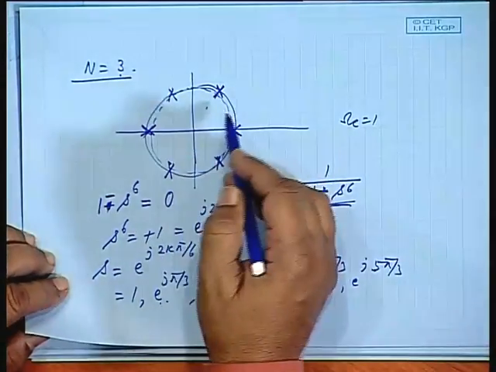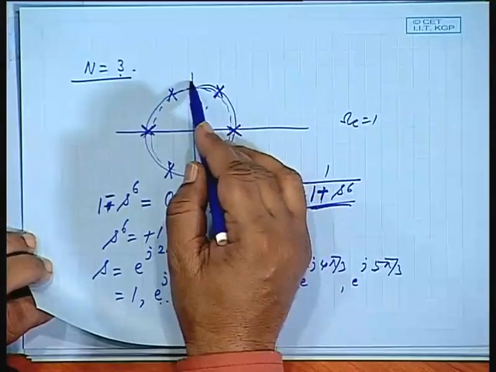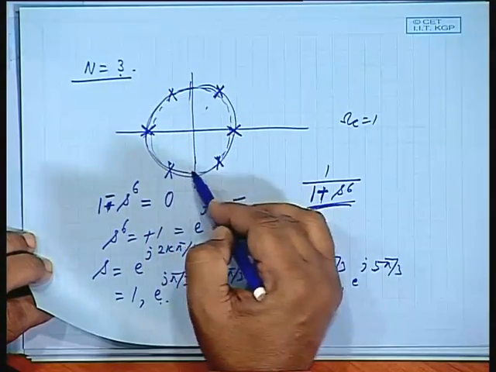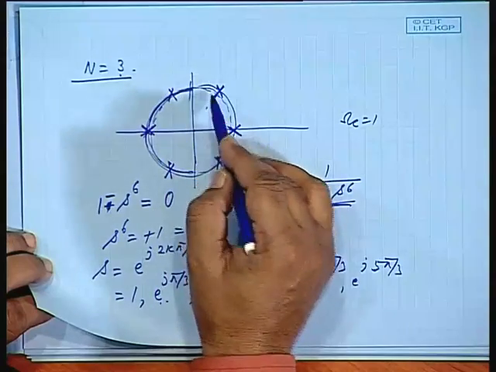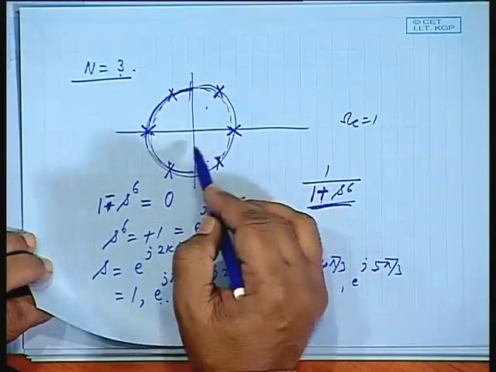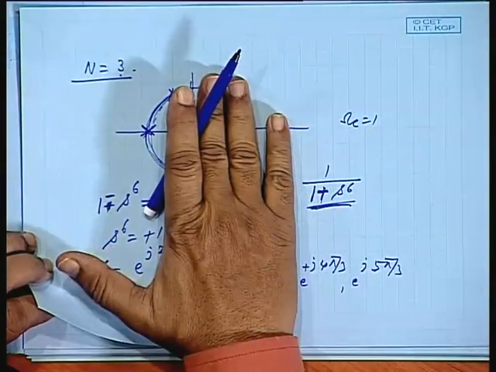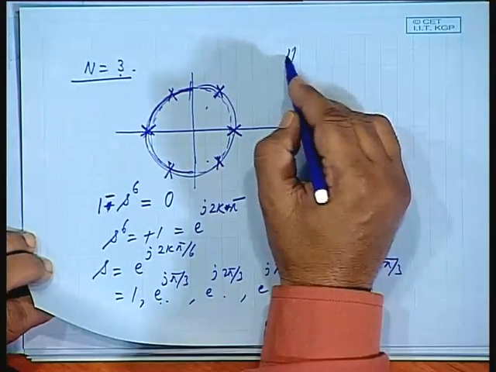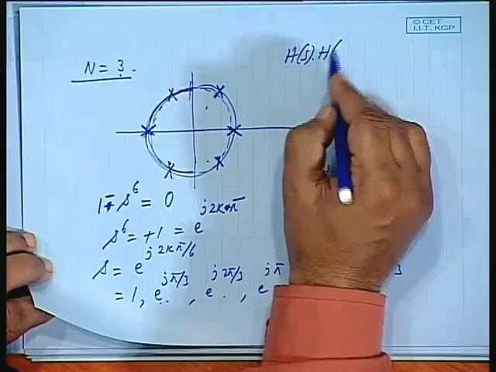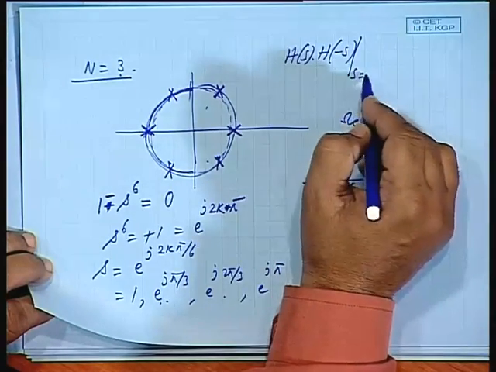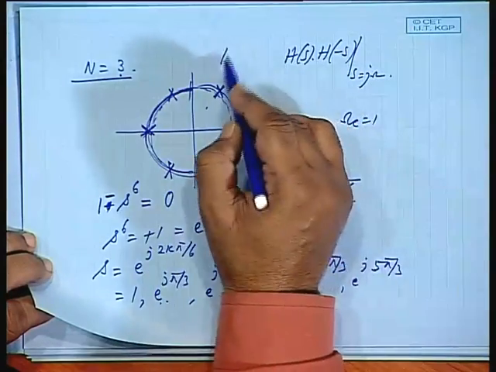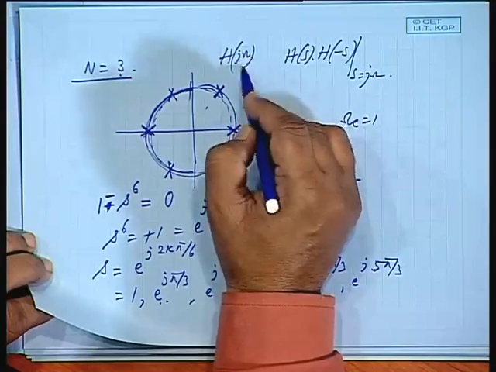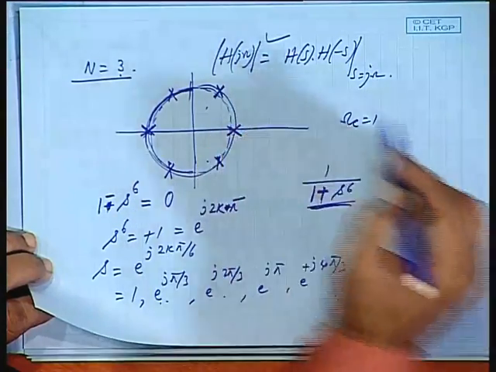Out of these, you will find they are symmetrically distributed. Left half plane roots are just mirror images of these, and you drop the right half plane roots. Because it is H(s) into H(minus s), when I put s equal to j omega, which has given me the magnitude squared of H(j omega), is it not?